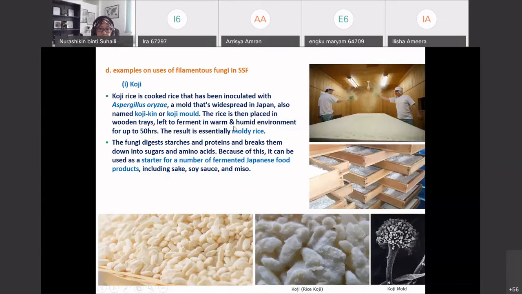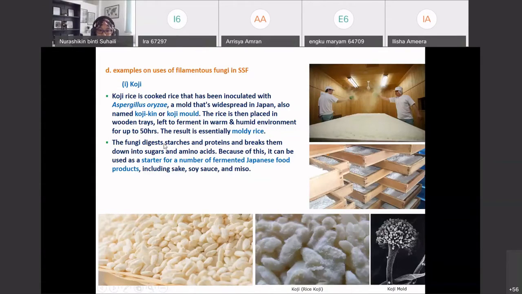Then the environment is warm and humid, perhaps a little higher than room temperature, and the incubation period is 50 hours. So the process is under a certain temperature, on a certain platform, during a certain period. Those are the parameters involved in any fermentation, but this one is specific to koji rice. So what happened during the fermentation?